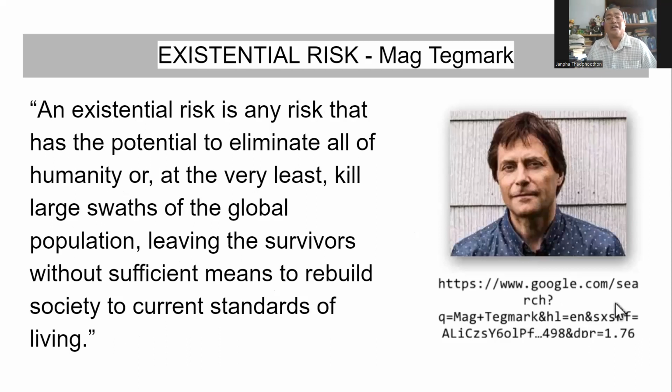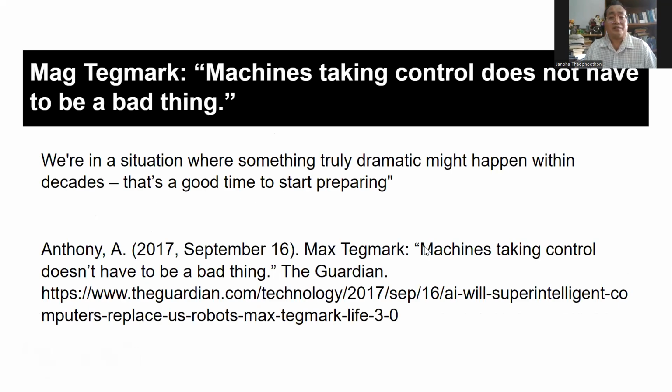And according to Tegmark, we have to be careful about the many risks, and one of them is the existential risk that we as human beings face, either because of nuclear wars or some unforeseen situation or events. But the rise of machines can mean positive and negative things for us. It doesn't have to be a bad thing according to Tegmark.